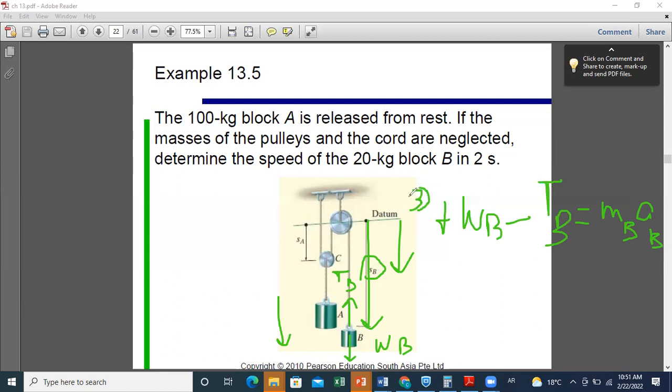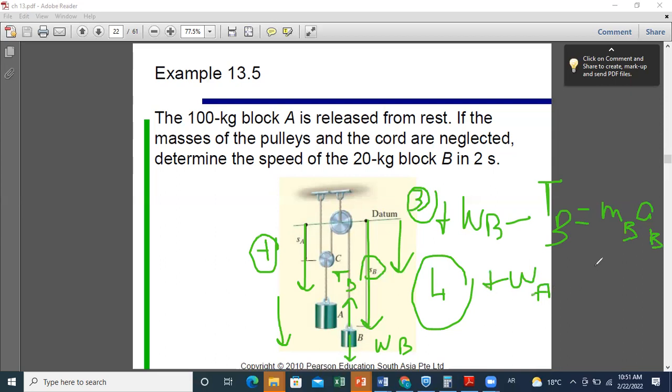To close the system, we need a force relation. The force relation will be Newton law on A. And also for A, how is the positive direction of coordinate system? Downward. So I will write a Newton law along this direction. So I have plus WA minus tension at A, which is related to TB because I demonstrated that TA is equal to 2TB, equals to MAAA.